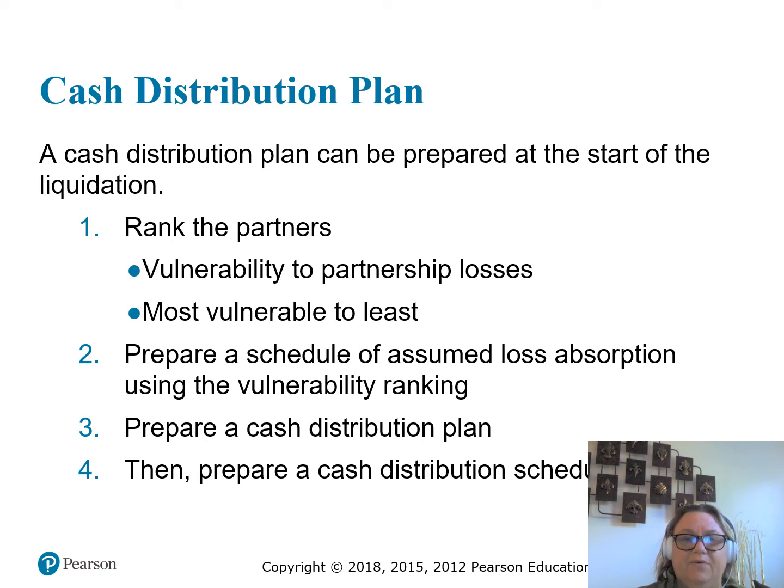It feels backwards, I'm just going to give you a heads up. It feels backwards because the most vulnerable is usually the weakest of the group. The least vulnerable is the person that is last in the rank. So it feels very backwards. So just know that. You'll prepare a schedule of assumed loss absorption using vulnerability ranking and a cash distribution.